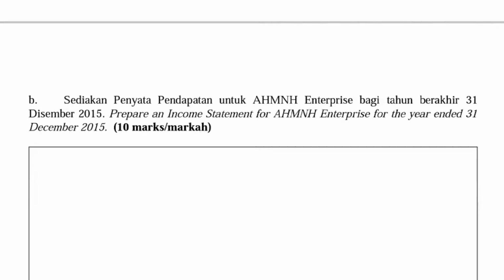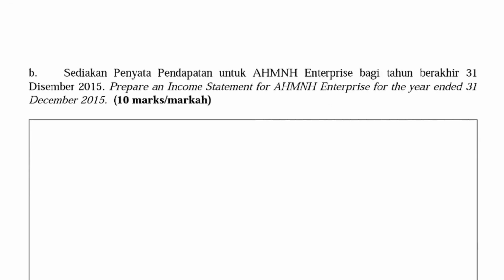After that, most of the time the question will ask you to do the next step in the accounting cycle. So in this question, the question asks you to prepare an income statement. If you see the accounting cycle, after adjusting entries, you have to prepare an adjusted trial balance.